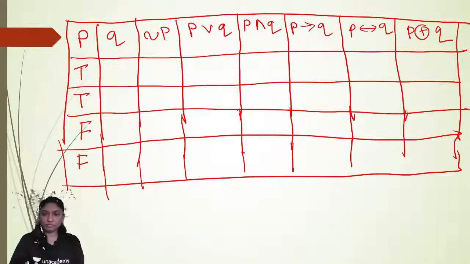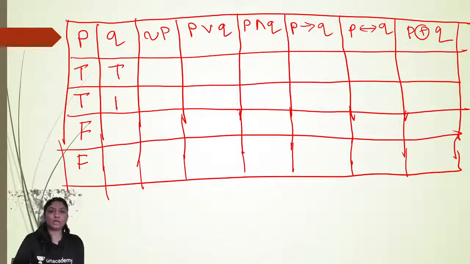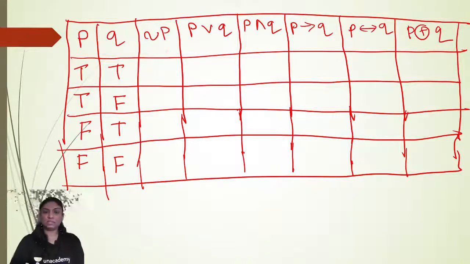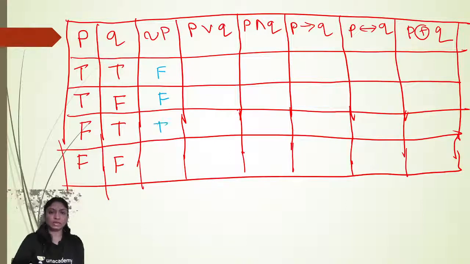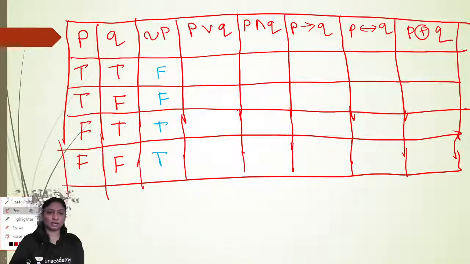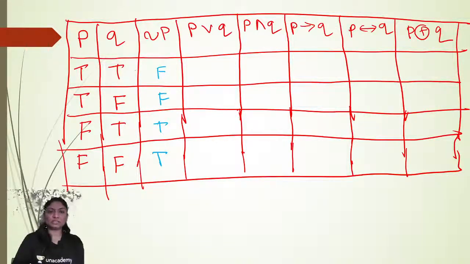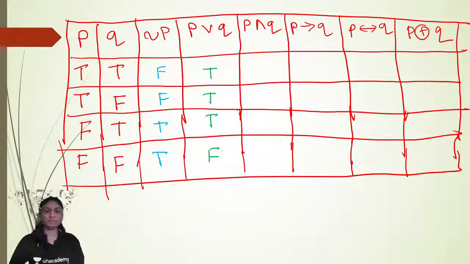In one table, you will get all the truth values. T, F, T, F. The negation of P, it means here, right? Negation of P is F, F, T, T. Okay, write in a different color. P or Q, it means if both are true, then also true. One of them is true, then it is true, otherwise it is false, right?